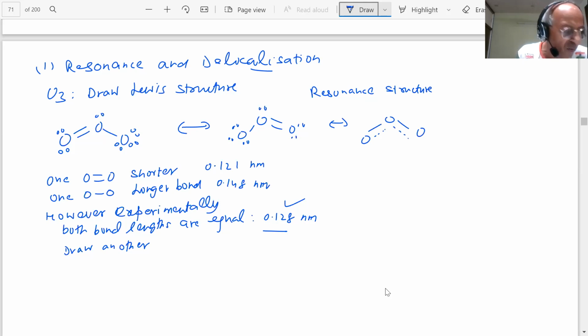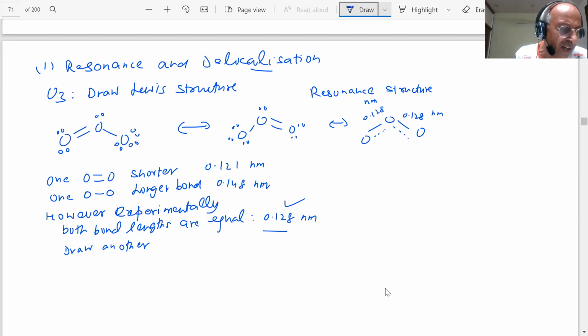The sigma orbital framework is not changing, but the pi bonds are on both the sides. So this will account for 0.128 nanometer in both the bonds. Now it is more than single, but less than a double.